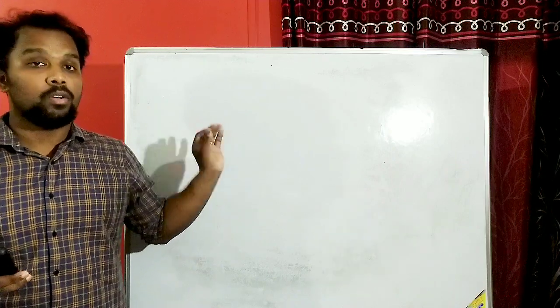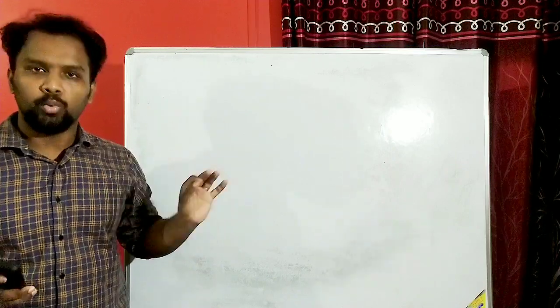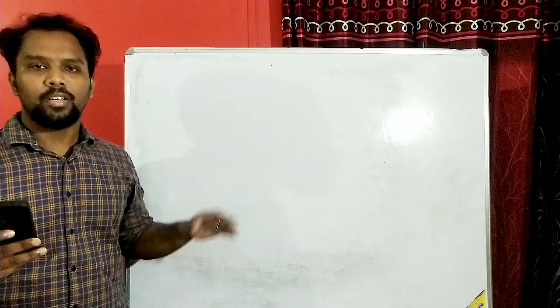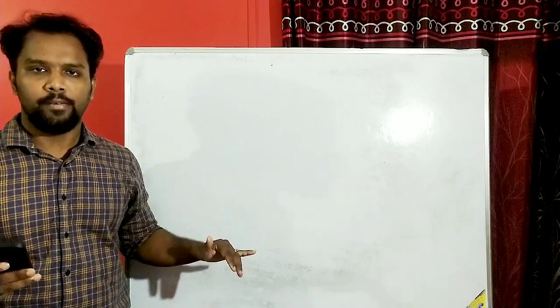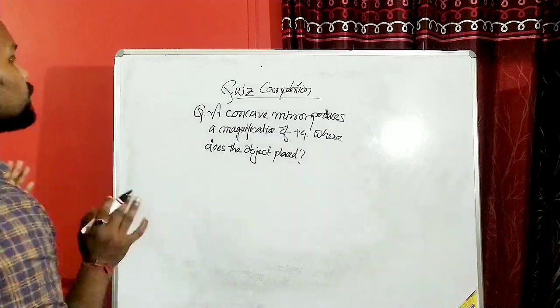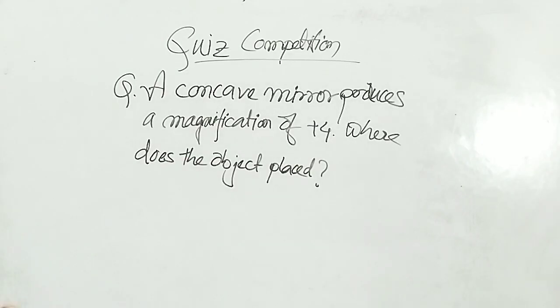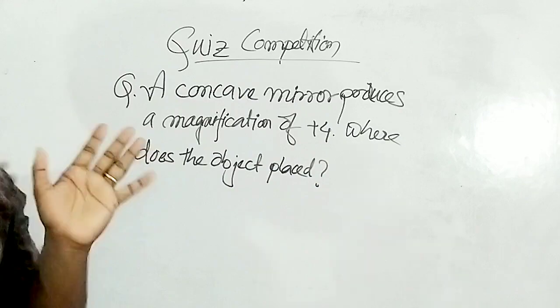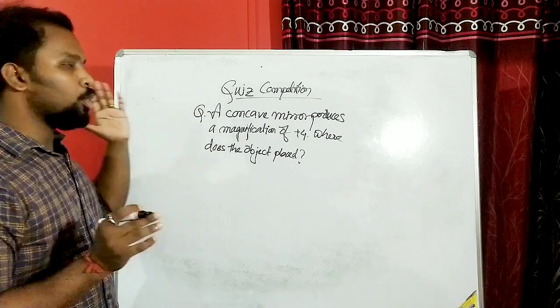This question is going to be a conceptual one too. So I will just write down the quiz competition question. This is my quiz competition question for today. What this question is actually saying is that a concave mirror produces a magnification of +4. Where does the object place? I will not give you any kind of hint. First, you have to go through the video properly.